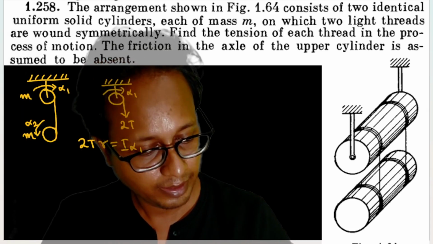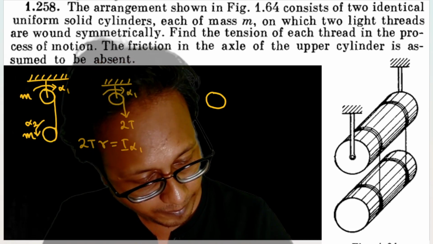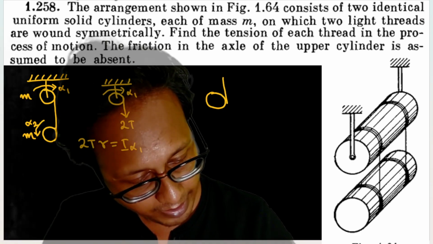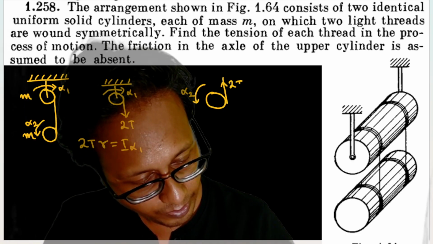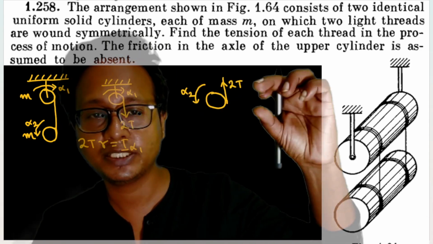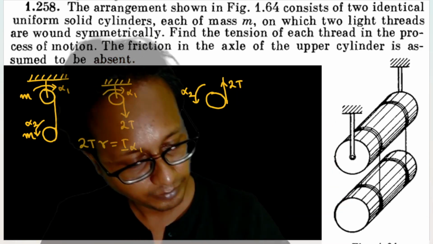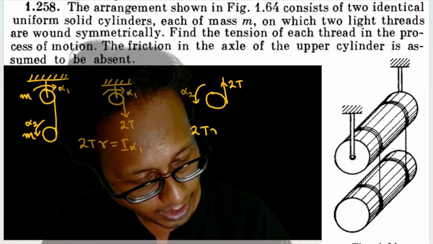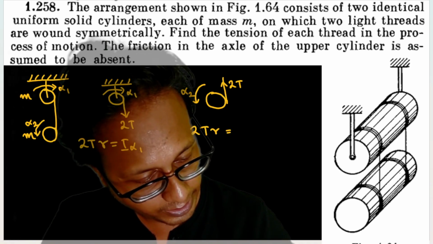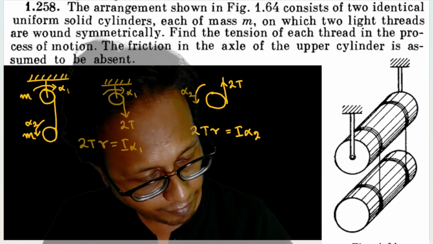Now if I draw this cylinder, this is alpha 2. 2T, equal and opposite. If this is 2T, this is also 2T. So 2T into r, torque is equal to moment of inertia into alpha.